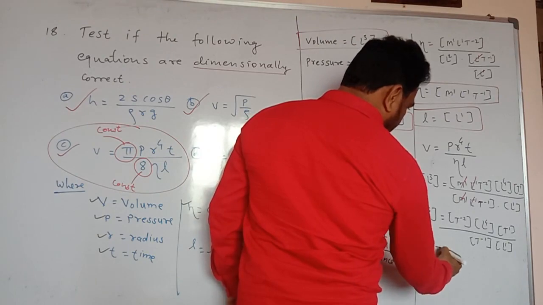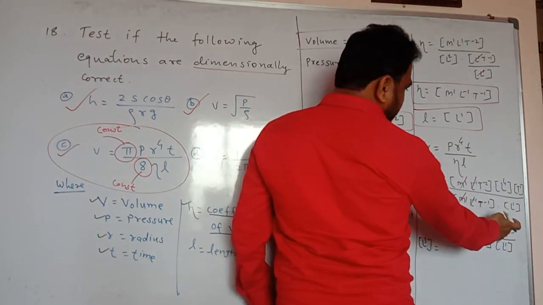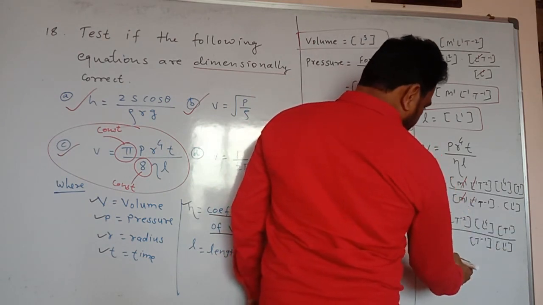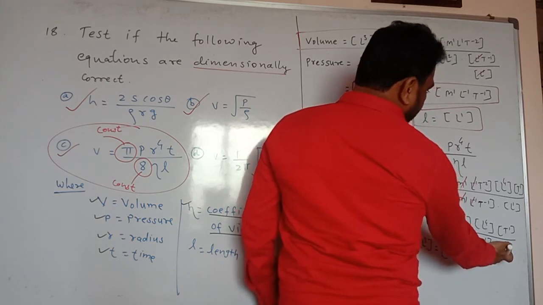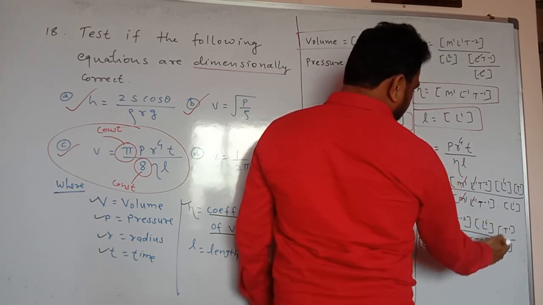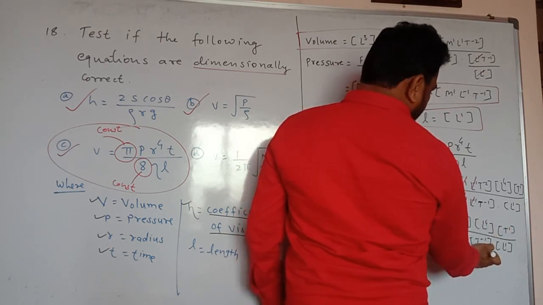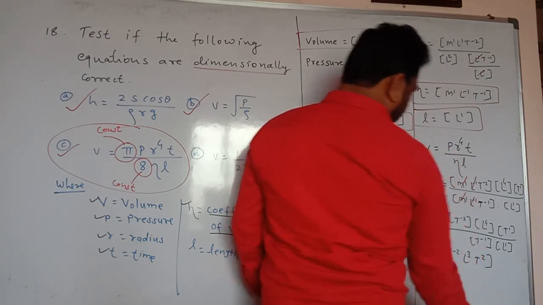So L cube is equal to, see here, this minus 1 becomes plus 1. So plus 1 becomes plus 2. So T minus 2. Then this L1 becomes minus 1. So 4 minus 1, that is L cube. Then this T minus 1 becomes plus 1. So here T plus 2 is here.